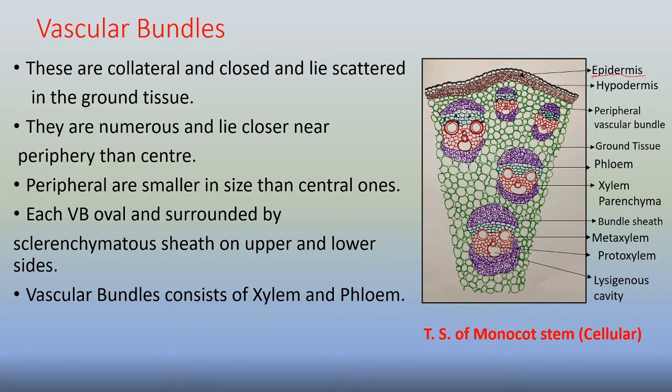You can see the outermost layer is the epidermis, having elongated barrel shaped cells, and it is single layered. Then it is covered by the covering which is known as the cuticle. In this case it is thick. Then next to the epidermis is the hypodermal region, that is hypodermis, which consists of sclerenchymatous cells which are seen here in a brown color.